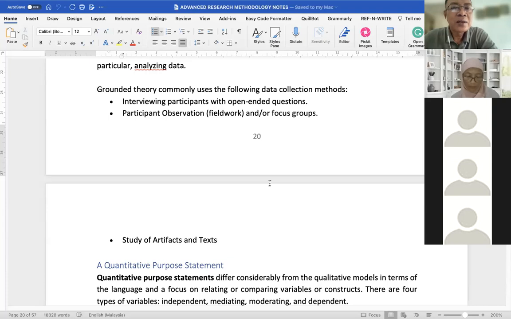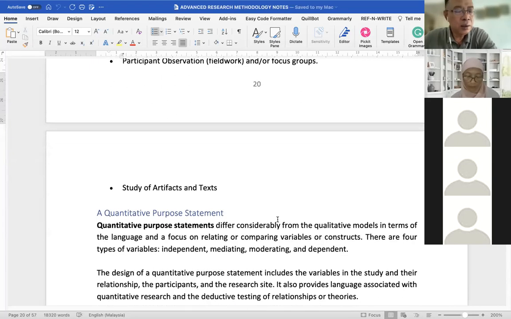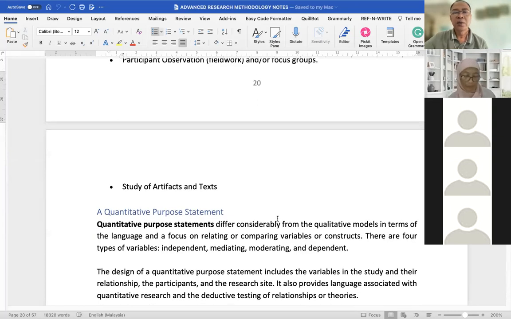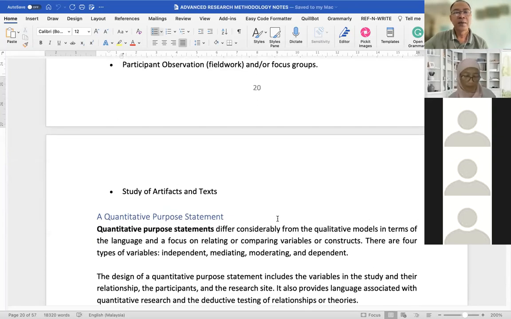All right. So grounded theory also uses the study of artifacts and texts. Some people call it library research, right? So they study the old and new documents in order to get the information. So there are many PhD students who do qualitative studies.